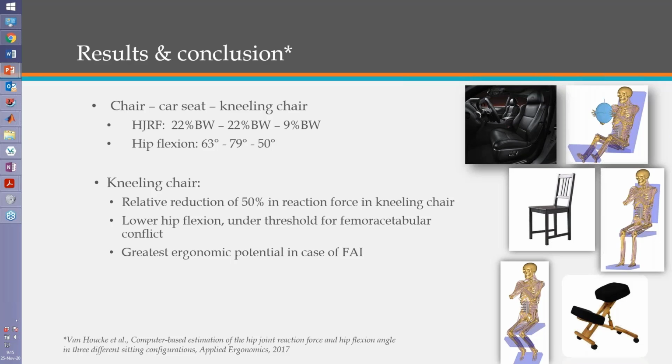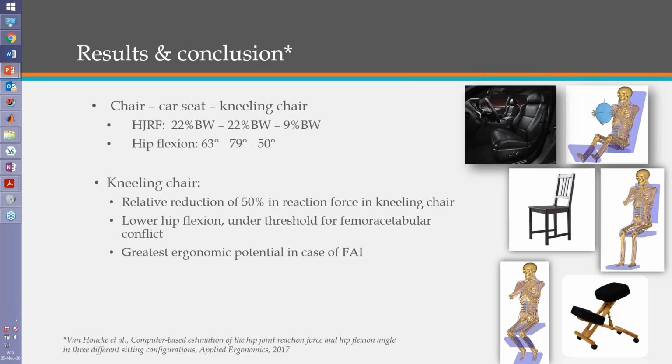We found by calculating the joint reaction forces that these were quite similar in the simple chair and car seat configuration, whereas in the kneeling chair configuration, we had a reduction of these joint reaction forces of about 50%.